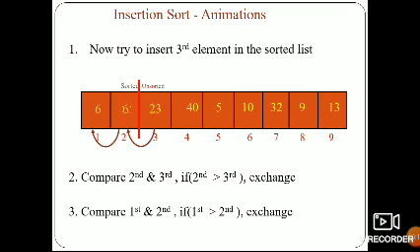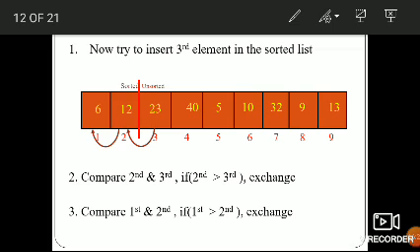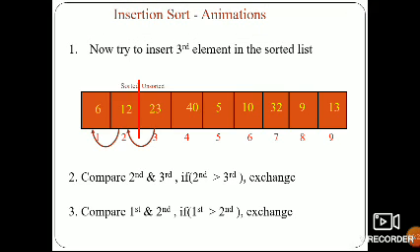6, 12, 23, 40, 5 and 6. Till the third we are sorted. 23 and 40, so already sorted.